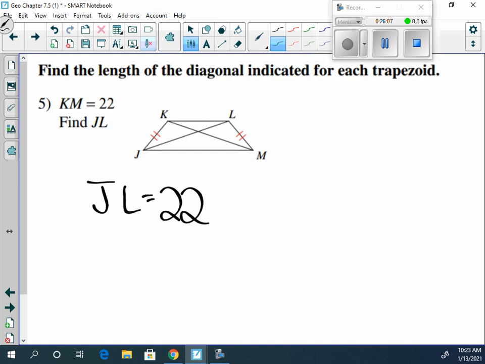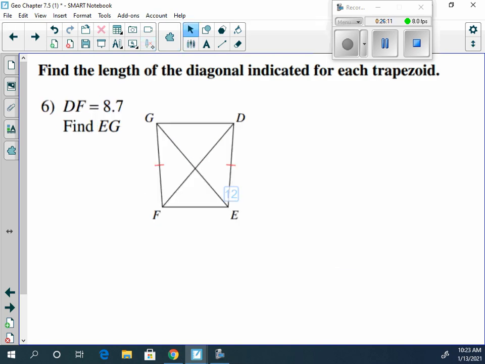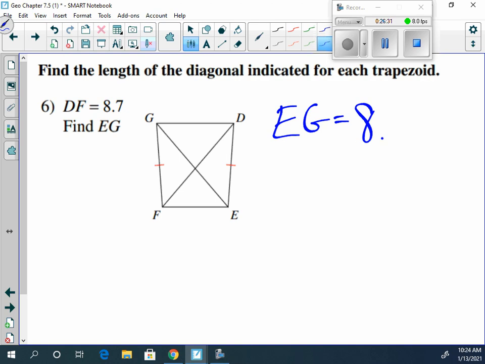So since one of them is 22, the other has to be 22. So what would we do for this one here? EG would be 8.7, because the diagonals are congruent to each other.